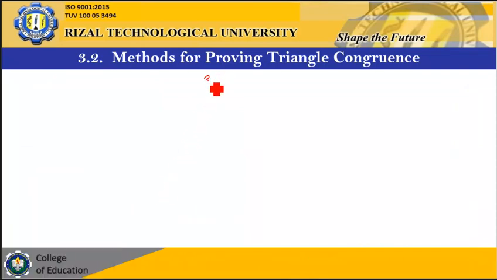So this is our proof. We have our statements and the reasons. Of course, we'll start with the given. Our given is that angle LEO is congruent to angle VEO.